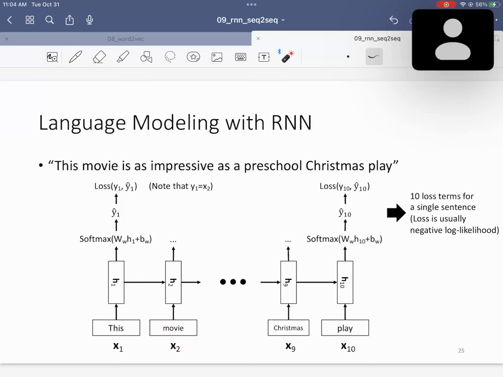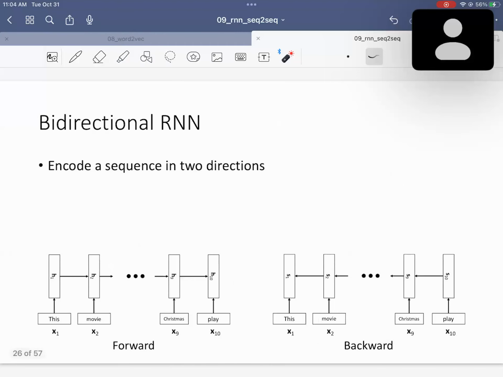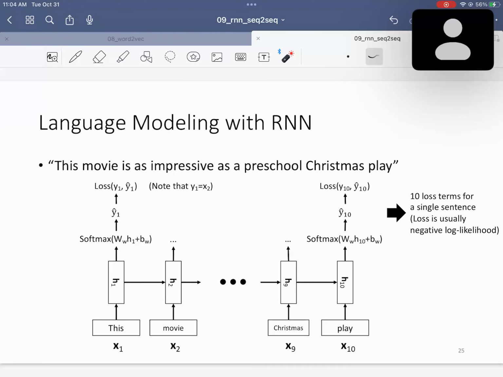So you want the Y1 hat, the prediction from this time step, to be the same as Y1, which is actually X2, right? That will be your loss function. It's a negative log likelihood: you want your current prediction to be the same as the next word. And obviously Y10 would be EOS. So 10 loss terms for a single sentence, and the loss is usually negative log likelihood. Right, so this is language modeling with RNN.